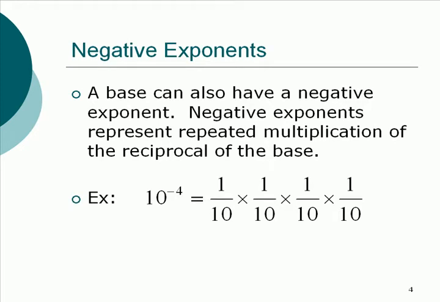You can have a base that has a negative exponent, and a negative exponent usually represents repeated multiplication by the reciprocal of the base. You could say that a negative exponent represents repeated division, but that could be misinterpreted.